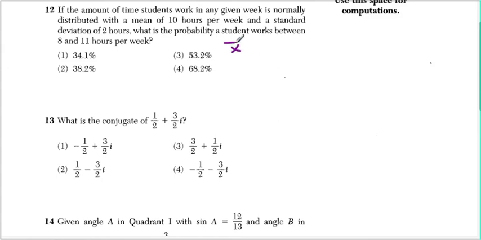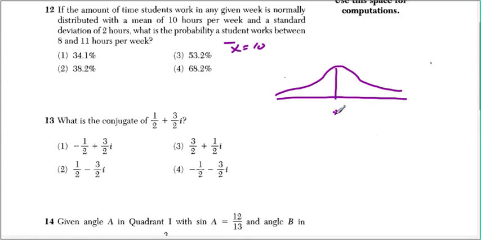So we know the mean is 10. So on our bell curve, we know the mean is 10. Standard deviation of 2. So that means that this is 8, this is 12. But we only want to go to 11.